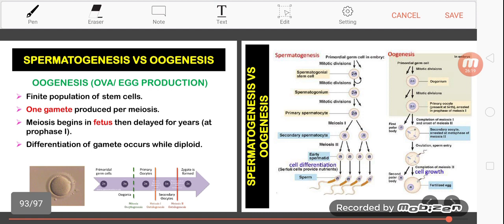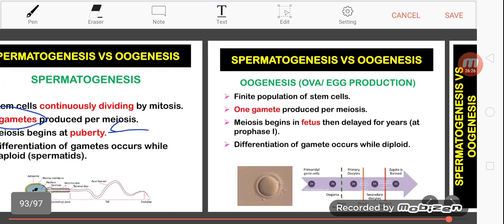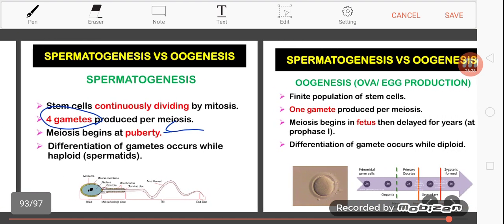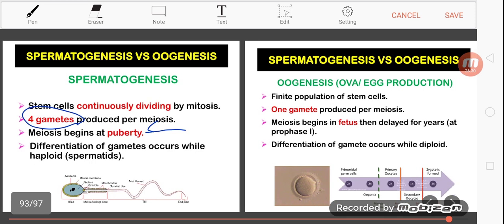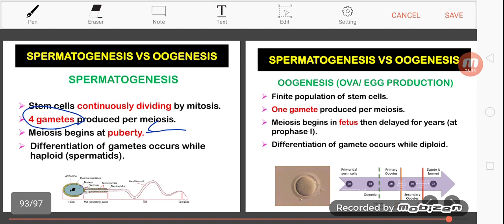Okay, oogenesis has a finite population of stem cells, whereas spermatogenesis has continuous dividing, so we have an infinite number of stem cells. In oogenesis, we have a finite population of stem cells.